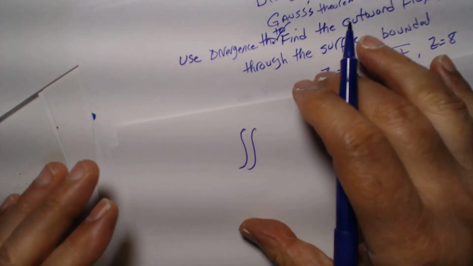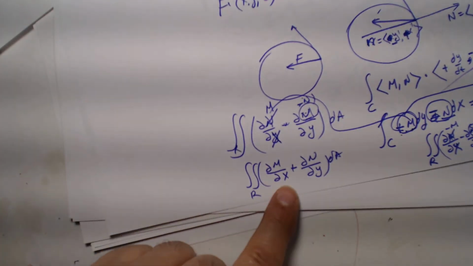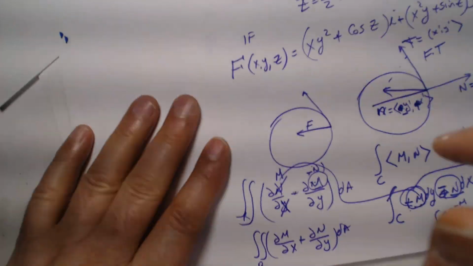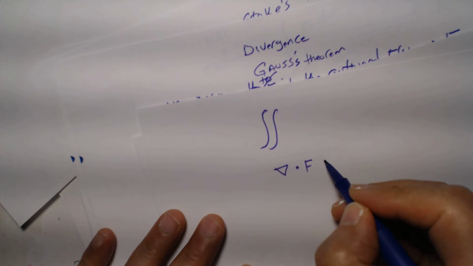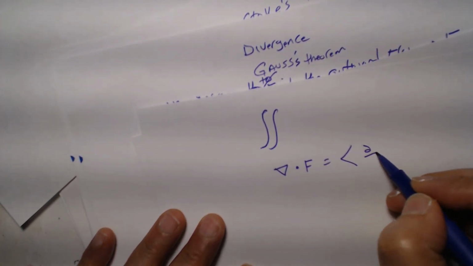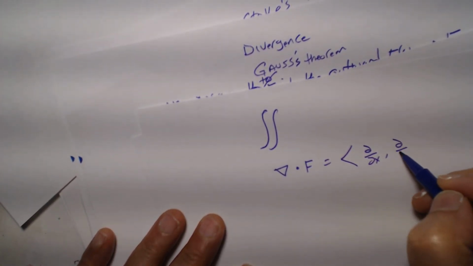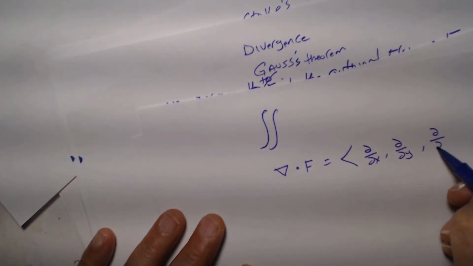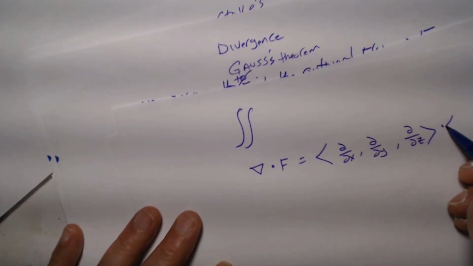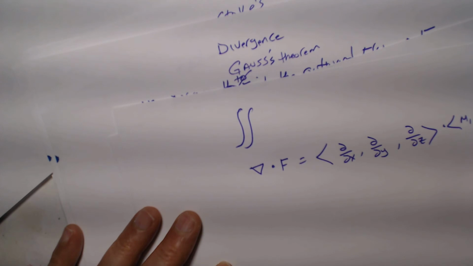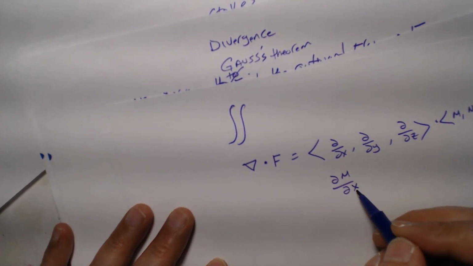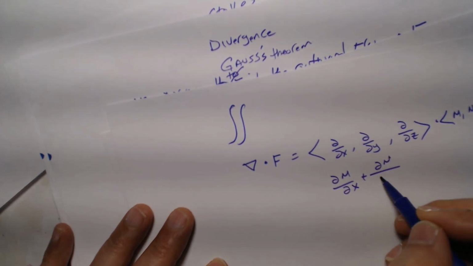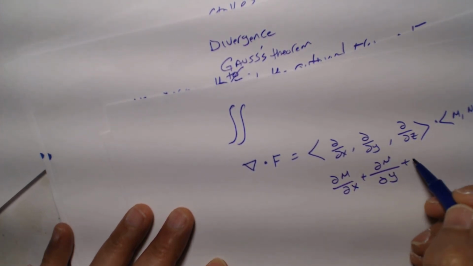Oh, this one, we proved it. This is nothing except the divergence, and the divergence is the operator dotted with a vector field, where the operator is partial with respect to x, partial with respect to y, and partial with respect to z. And this one is your vector field M, N, and P, and that is exactly your divergence. And this is what you see.